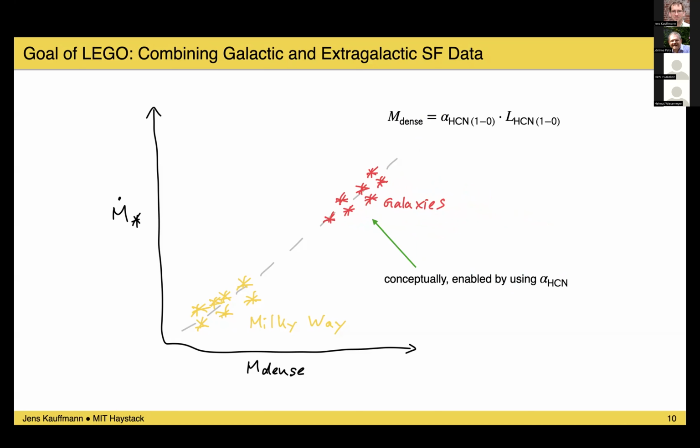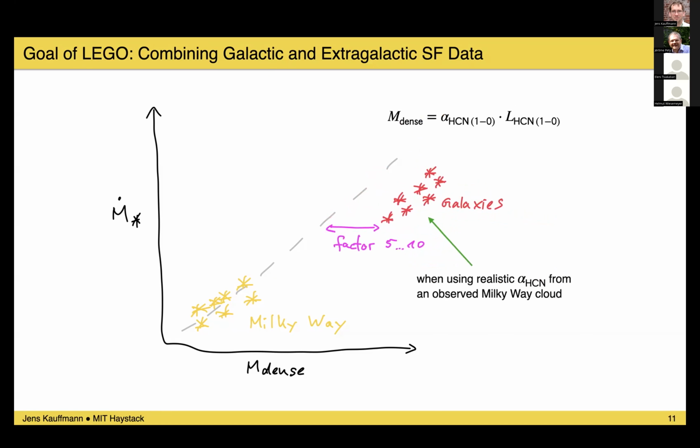I don't really have the time to go into this today, but at the moment there's actually a bit of an offset if you do this in a detailed way with the measurements of alpha that we have at hand. But that's a bit of a topic for a different talk.